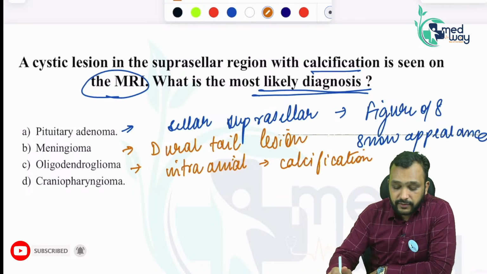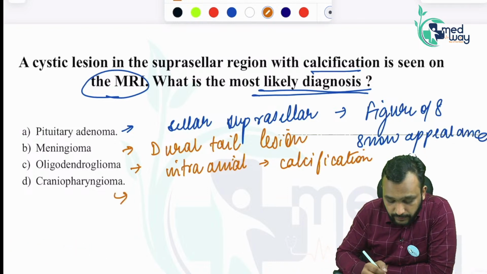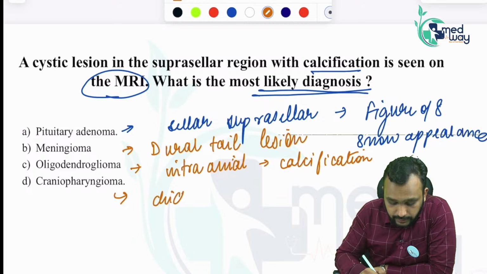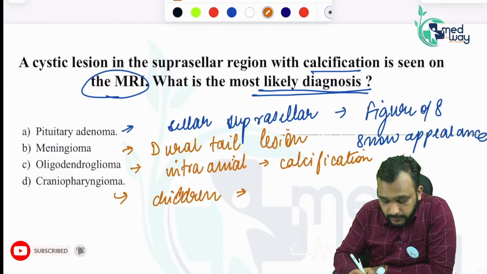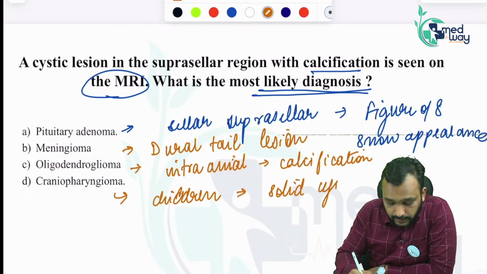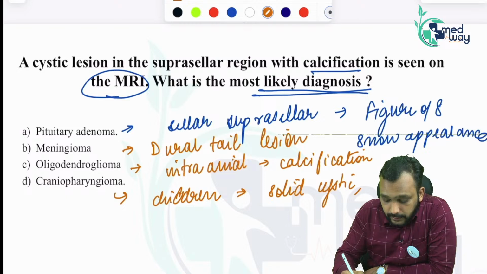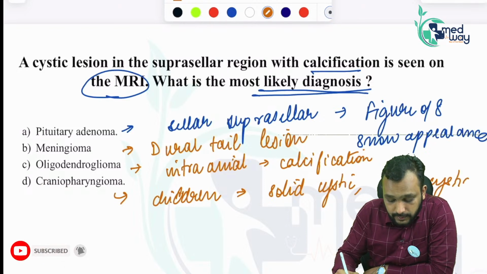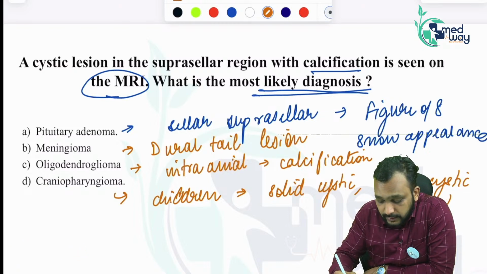So your answer will be craniopharyngioma, seen in children, right? Craniopharyngioma is a solid cystic lesion. Just remember that 90% of the lesions are cystic, and 90% are going to show calcification within them.